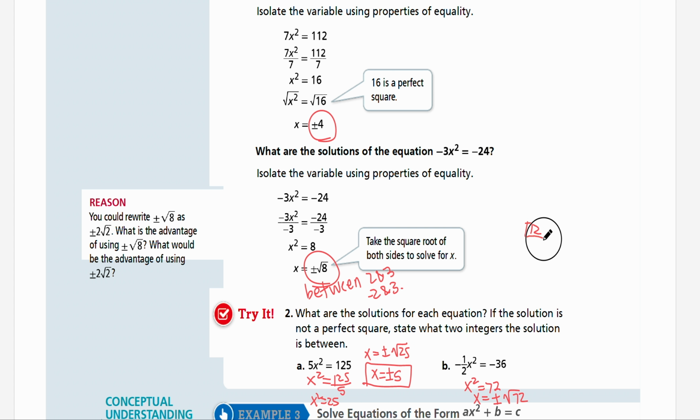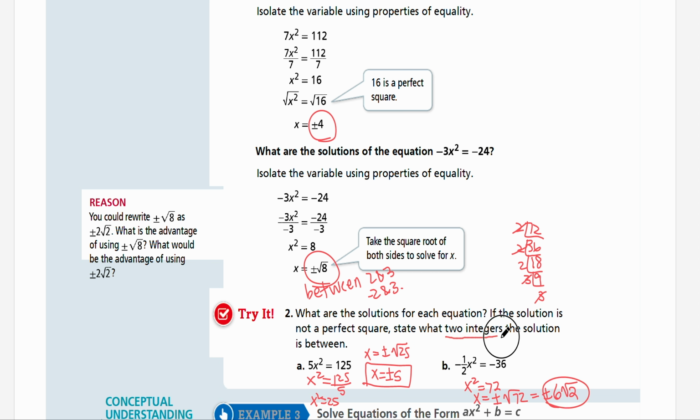And if you factor 72 out with the prime numbers, you would have 2 times 2 times 2 times 3 times 3. So then you can take these out. 2 times 3 is 6. So plus or minus 6 root 2 would be your final solution.